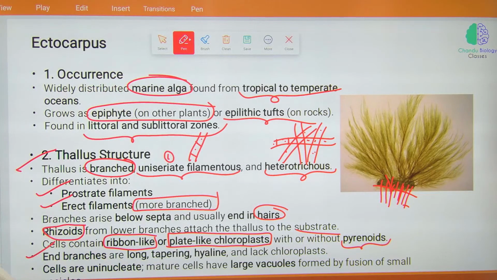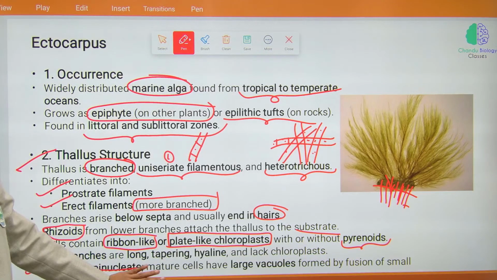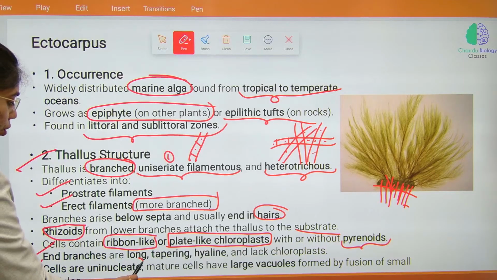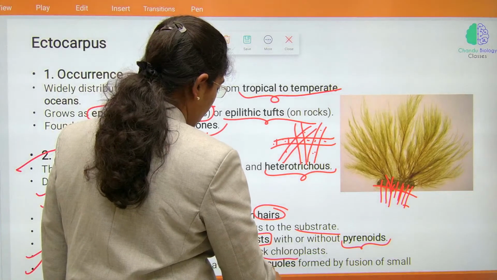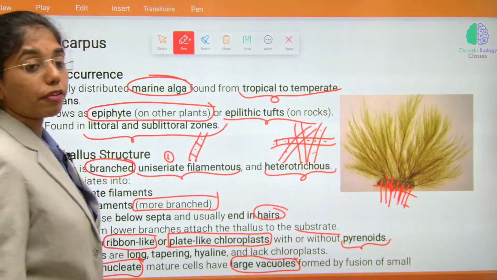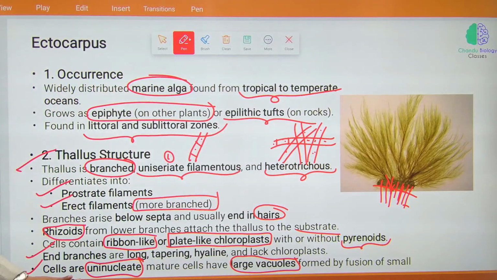They are hyaline and do not have chloroplasts in them. Cells are uninucleate, with mature cells having large vacuoles formed by the fusion of small vesicles.